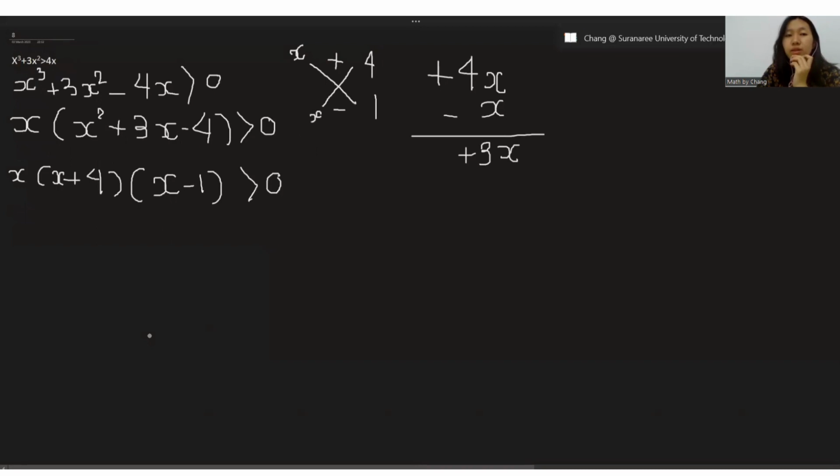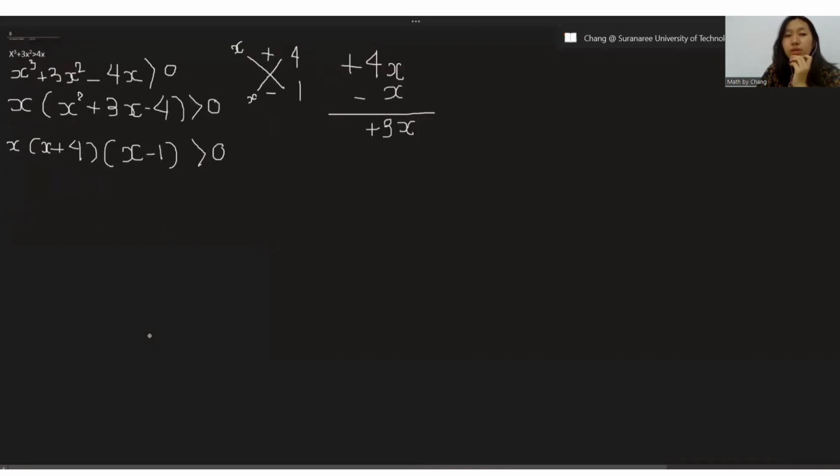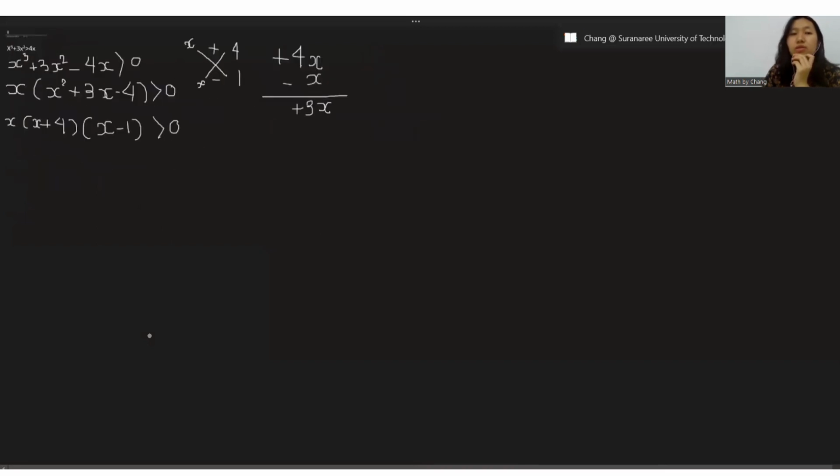All right, so let's find the value of x. I just zoomed out a little bit to get more space. Just set these three factors equal to 0: x times x plus 4 times x minus 1 equals 0.